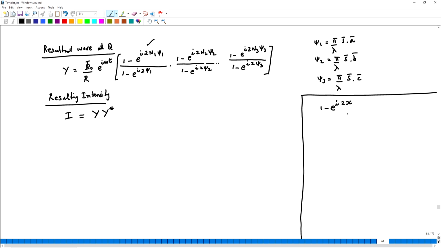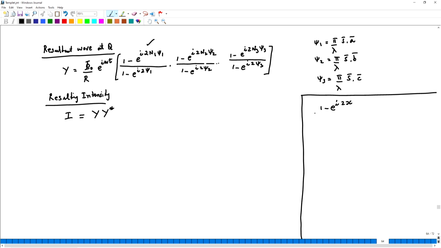Then for the second term it will be n2 psi 2 in the numerator, and the denominator would simply be psi 2, and for the third term the value of x is n3 psi 3, and for the denominator it would only be psi 3.